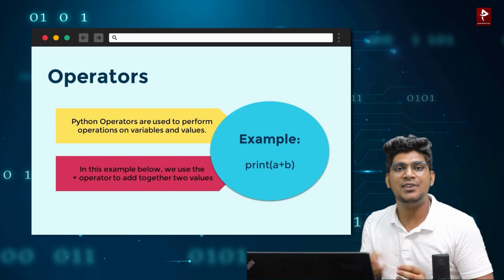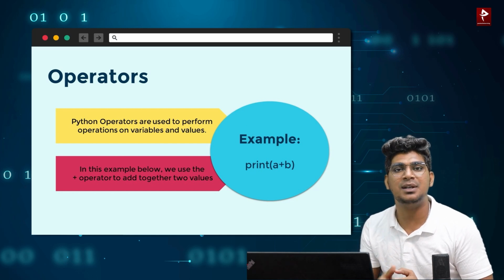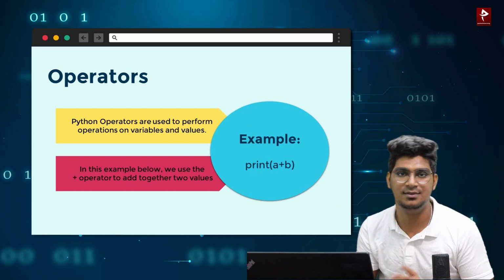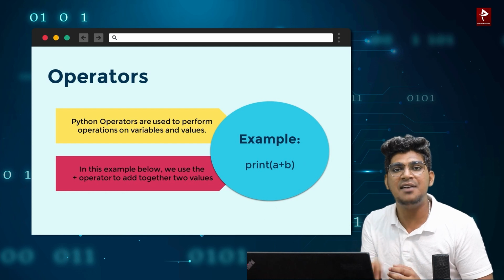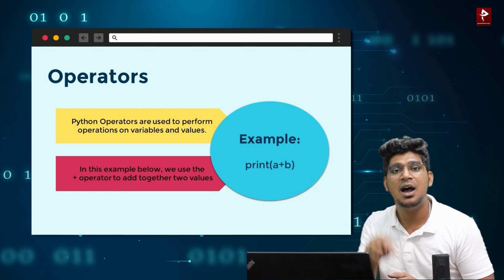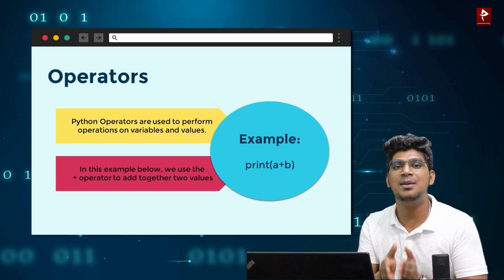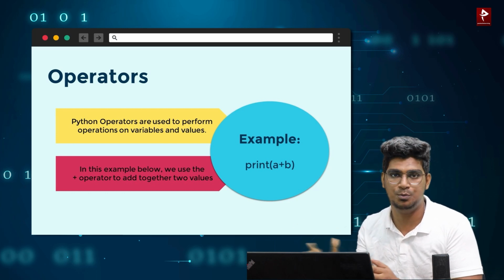For example, if I choose addition, its performance is adding two values. Now I give this addition operator with variables. That means the operator is performed on the variables. With two different variables, it will add and give the output.